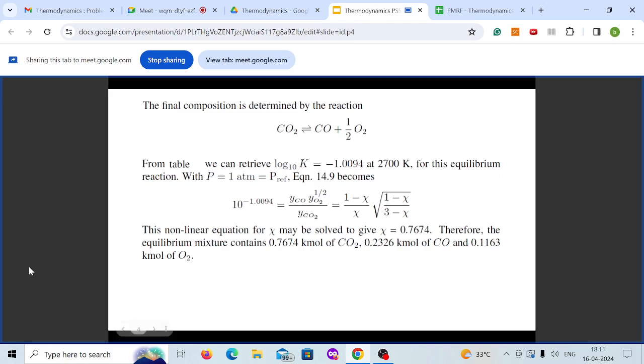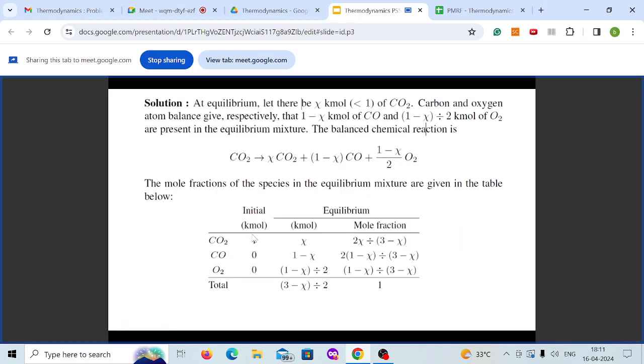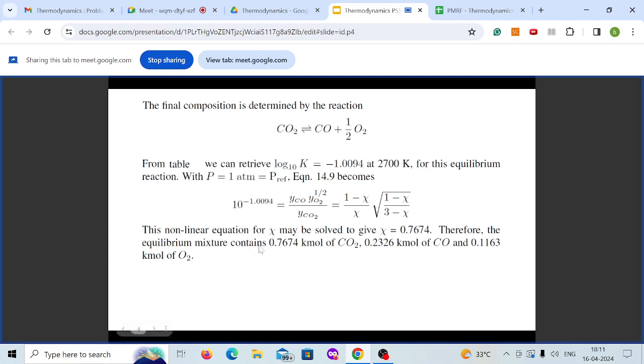If you add up, you will get 1 kilomole. Initially your carbon dioxide was 1 kilomole, and after reaction you have 0.7674 kilomoles of CO2. That means close to 25% of CO2 has dissociated.